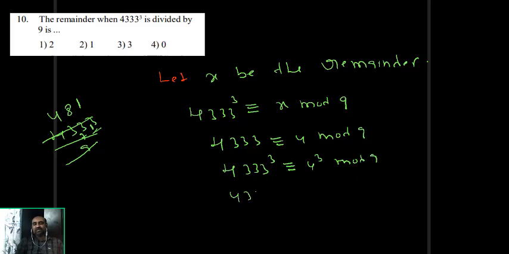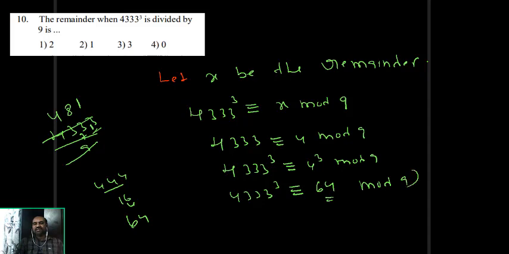4^3 means 4 into 4 into 4, 16, 4 16s are 64. But we can't say that this is the remainder when that number is divided by 9, because that number is greater than 9. 64 divided by 9, 9 7s are 63, 1 remainder, or I can say that 64 is congruent to 1 modulo 9.